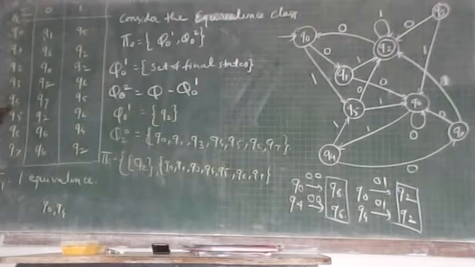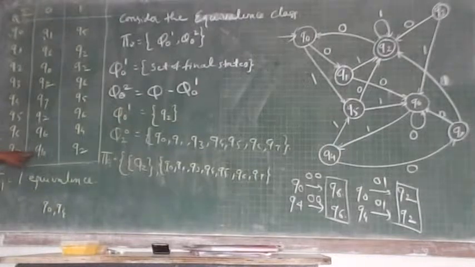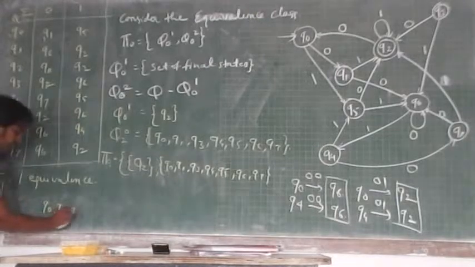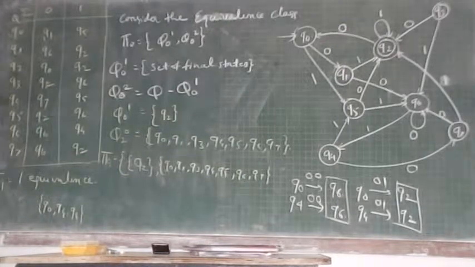Q5, Q2, Q6: one final and another non-final. Q6, Q4: both are non-final. For Q7, non-final and non-final. So along with Q0, Q4, I can have Q6. So Q0, Q4, Q6, these three states are one equivalent.